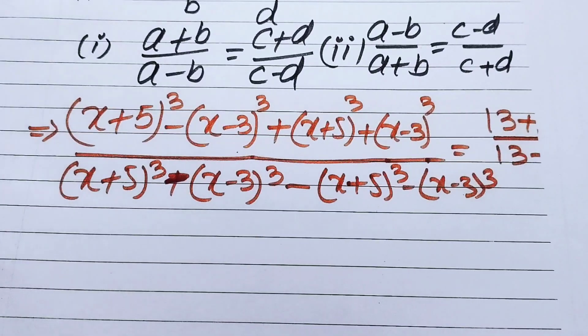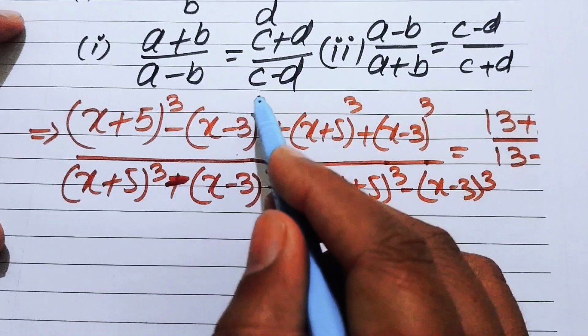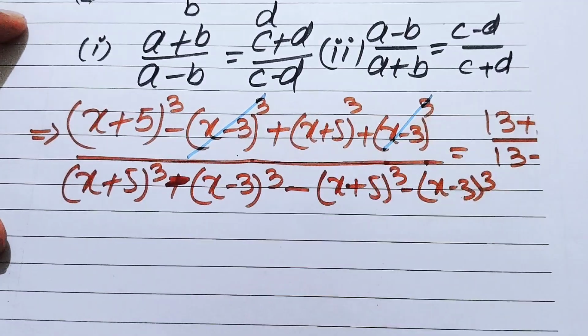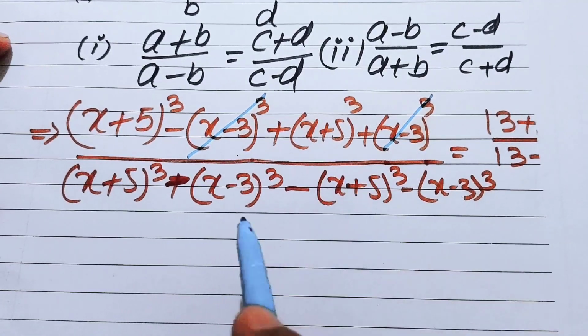On the left-hand side we need to make a few simplifications. The negative term and the positive term cancel each other, and similarly in the denominator.